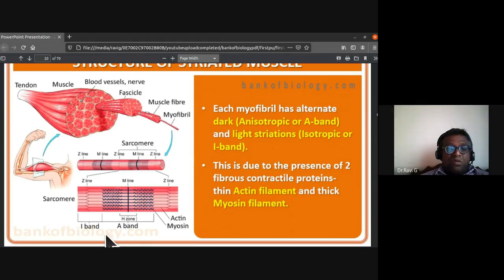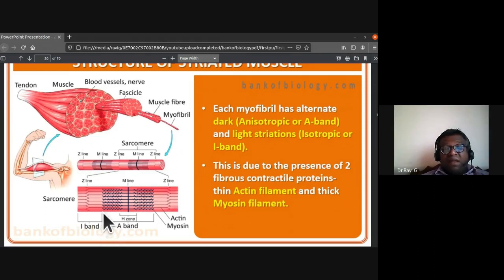So within the sarcomere, that is the cell, each myofibril has alternate dark anisotropic or A bands and light striations, which we call isotropic or I bands.